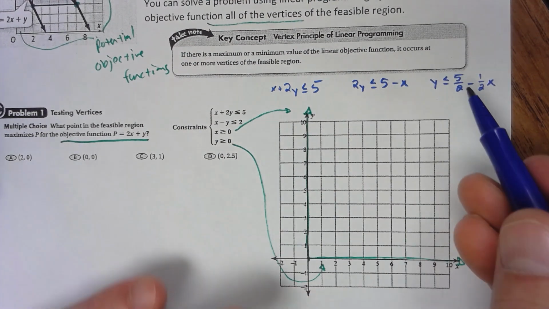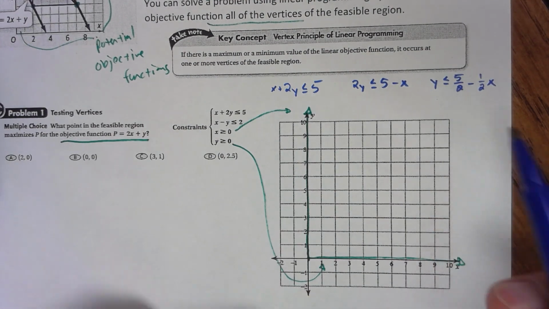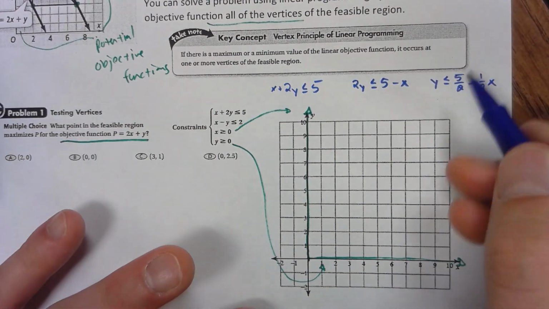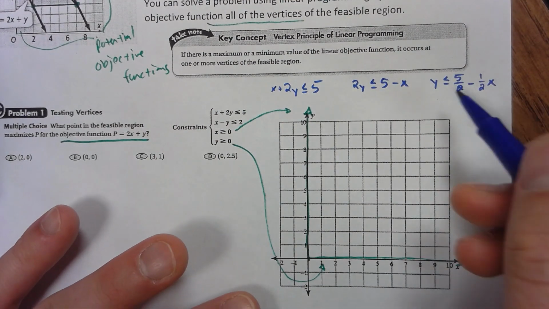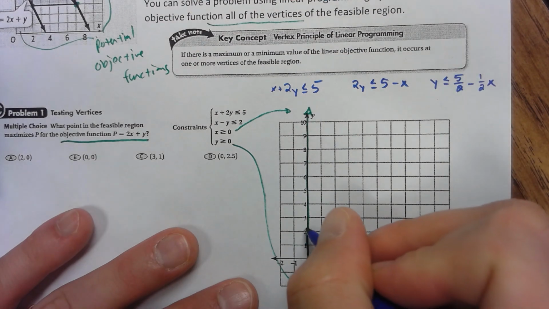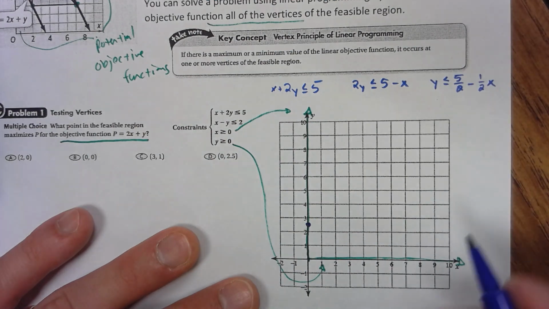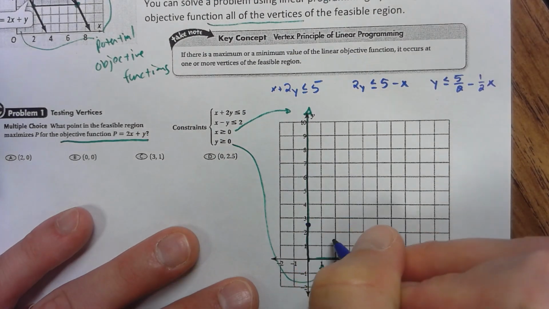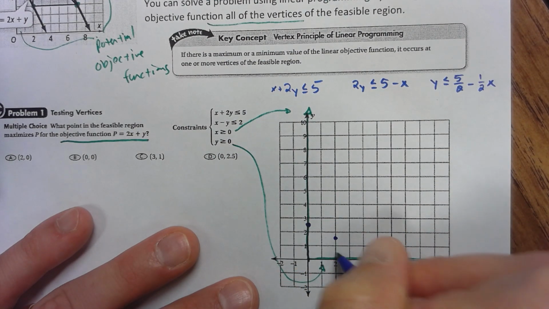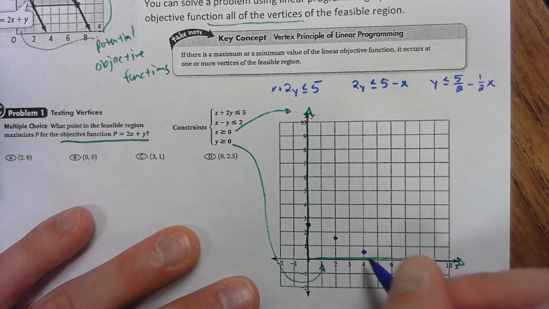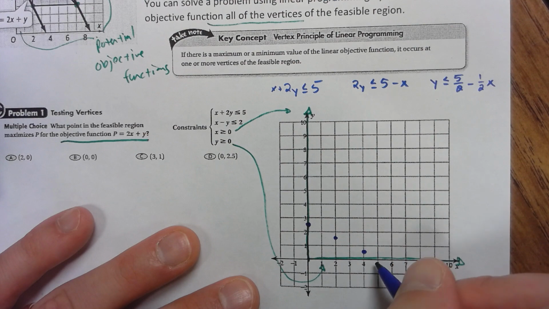Graphing that is not the most accurate, since we're going to have to put it in between some coordinates, but that's okay. So let's go ahead and graph this right now. Y-intercept of 5 halves, which is 2.5. And then my slope of negative 1 half, telling me to go down 1 and right 2. Down 1, right 2. And we could also go down a half and over 1.